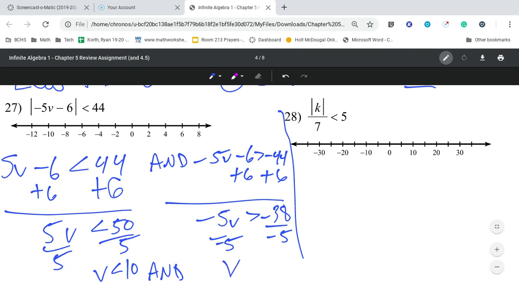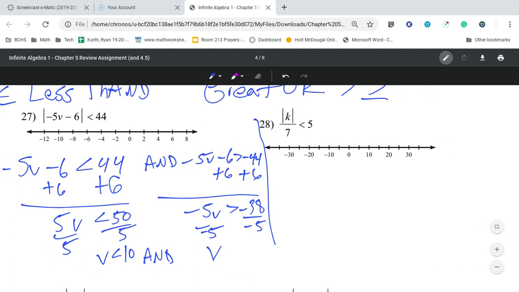And v. Both inequalities were going to end up going in the same direction.